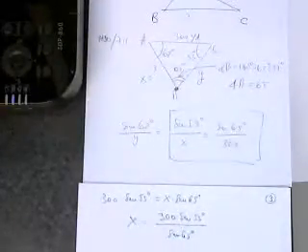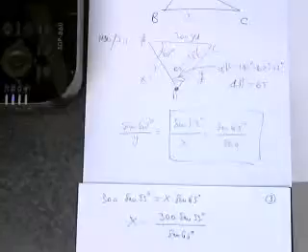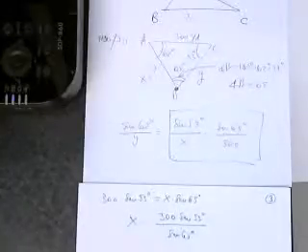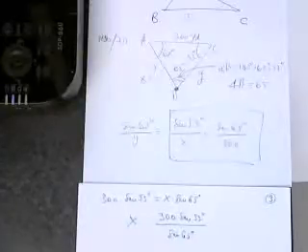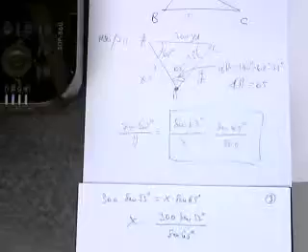Okay, so I thought I turned this on. Apparently I didn't. And we solved for x, we left the y alone because we don't need to know that. They only want us to find x. So here's what we have, 300 multiplied by sine. Make sure that your mode is in degrees.